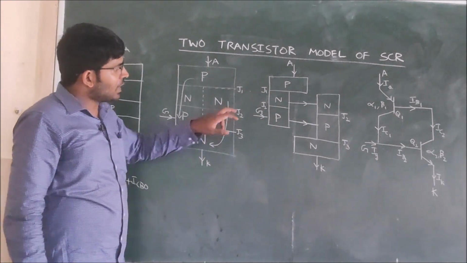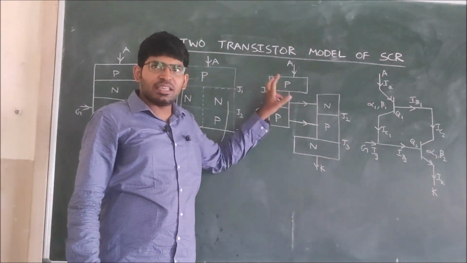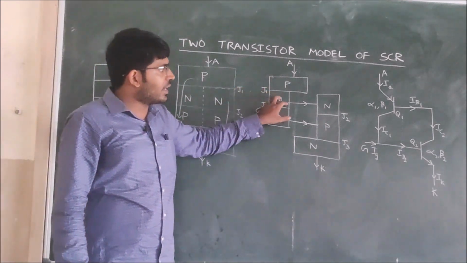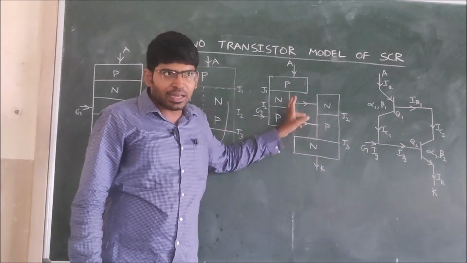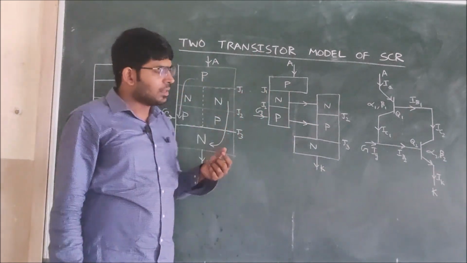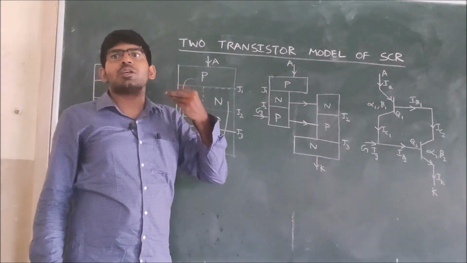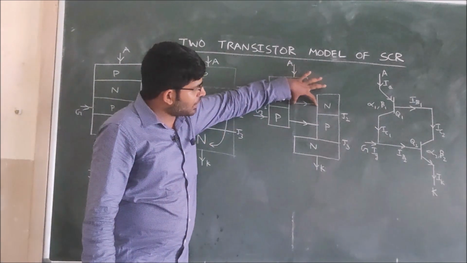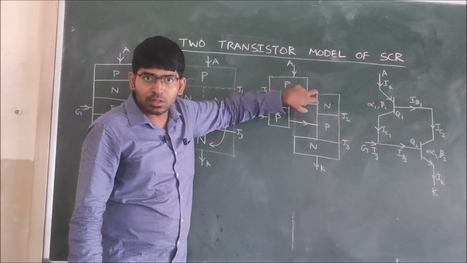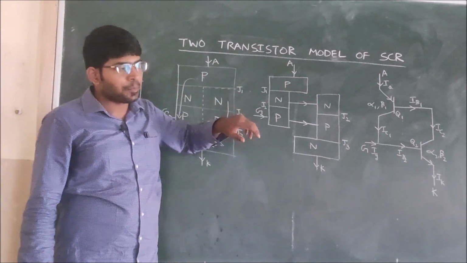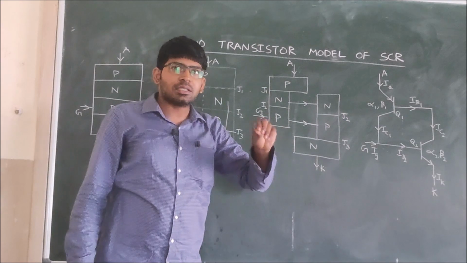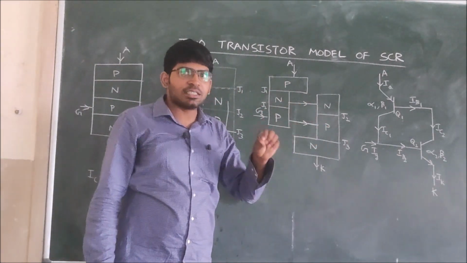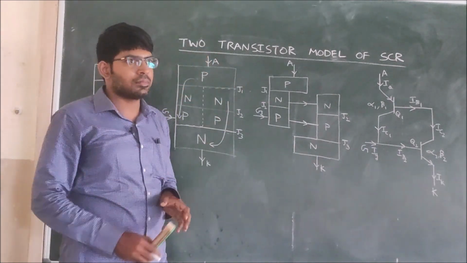Remember, these two N regions, even though they appear separate, are electrically connected because they belong to the same N region. That's why we are representing this arrow, symbolizing that these two N regions are electrically connected and these two P regions are electrically connected.